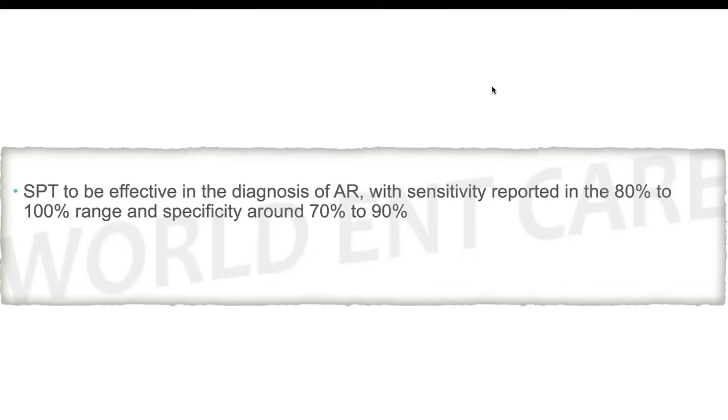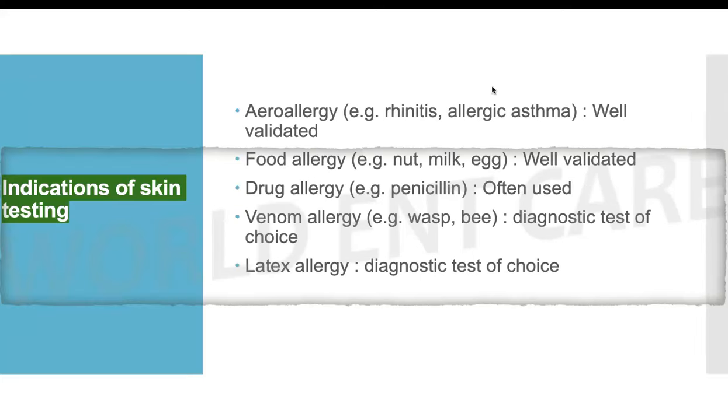Now many studies have demonstrated SPT to be effective in the diagnosis of AR, with sensitivity reported in the 80 to 100% range and specificity around 90%. Now talking about the indications of skin testing, first is aeroallergy, that is rhinitis and allergic asthma. For that it is well validated.